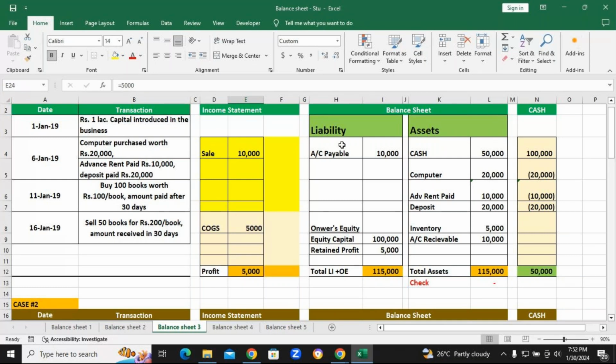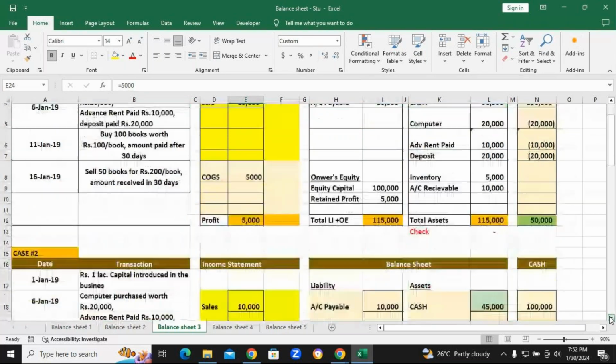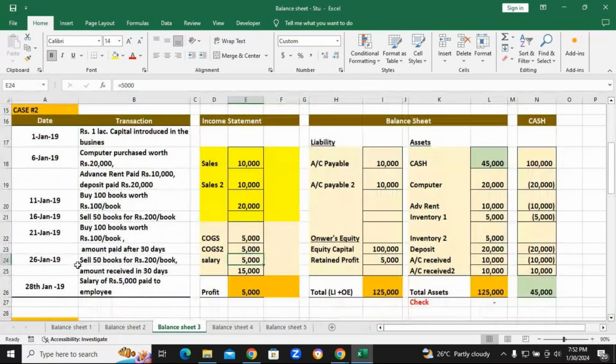That is why I am showing it only in payable and receivable, not in cash, because neither is the amount coming in nor going out. But in the second case, in one condition the amount is received and paid. In another condition, the amount is yet to be received and yet to be paid. So that is why I am mentioning it here.